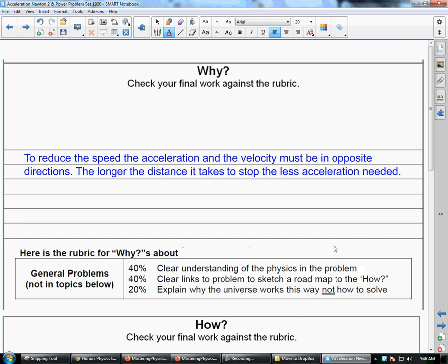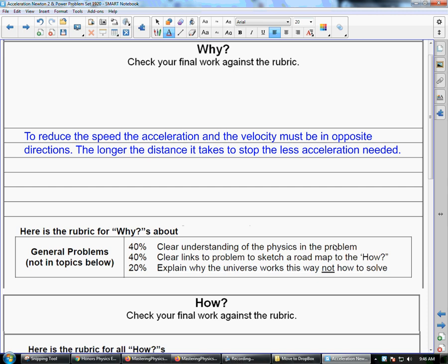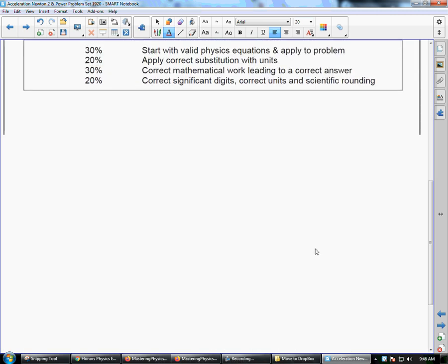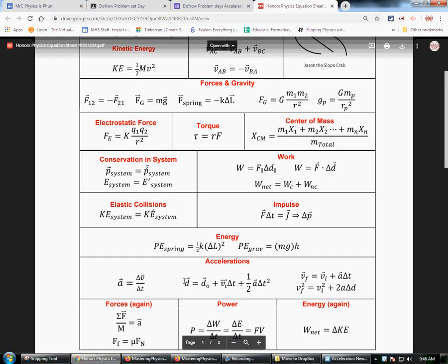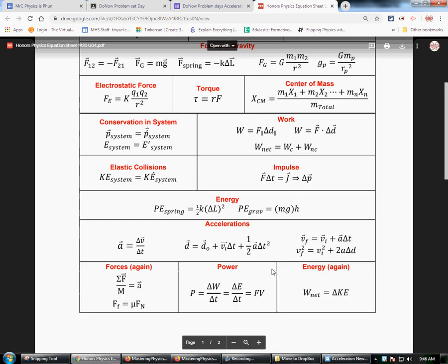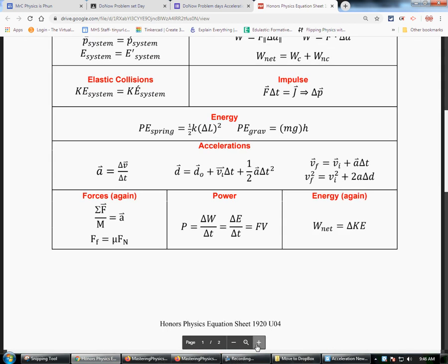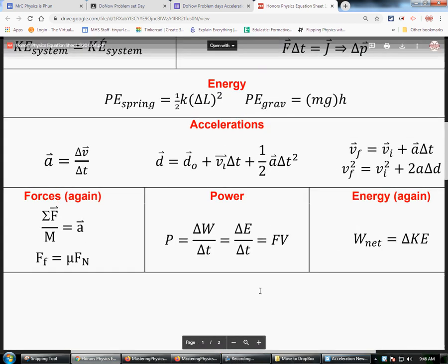I hope I'm recording. Okay. Now you could do a diagram and everything else. I'm not. So now I need to look for an equation that helps me relate velocity, changes in velocity, acceleration and distance.